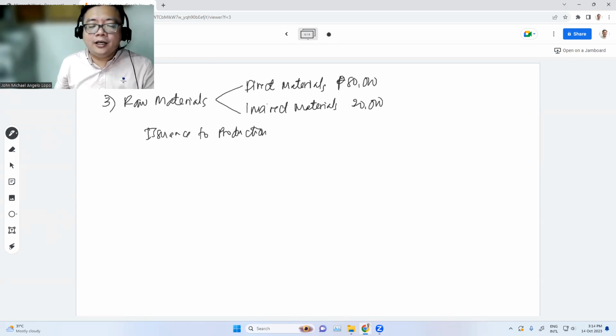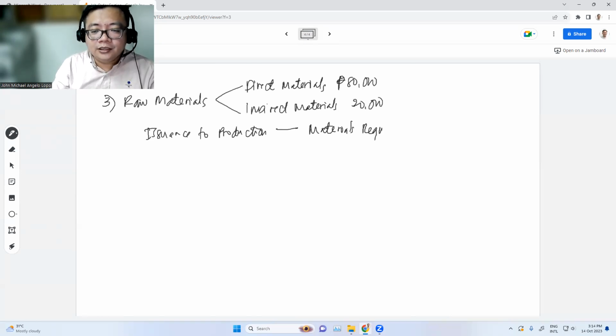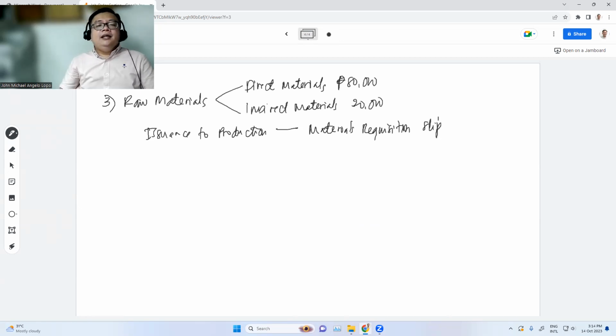Usually, class, the document to be used is what we call the materials requisition slip. It means I now need materials. Out of 100,000, direct materials are 80,000 and indirect materials are 20,000.